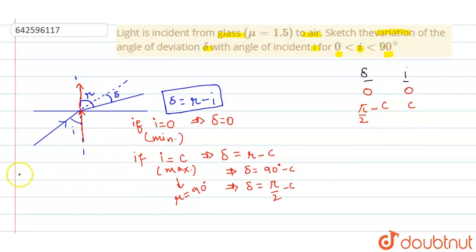And now if the angle of incidence is greater than the critical angle, then what will happen? So we can study over here.